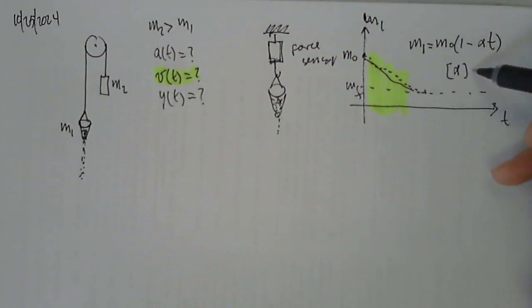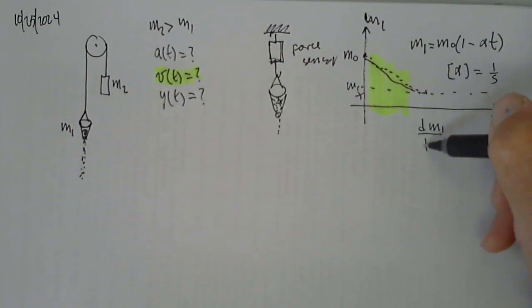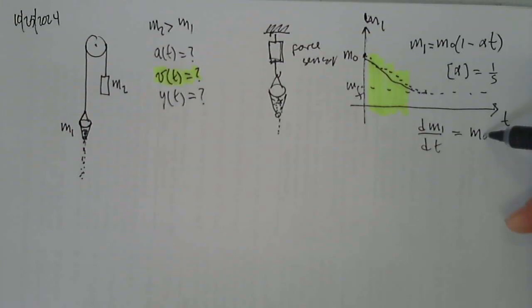Alpha has units of 1/s, and dm1/dt is the initial mass of the cone times alpha, and is negative. And this is constant.